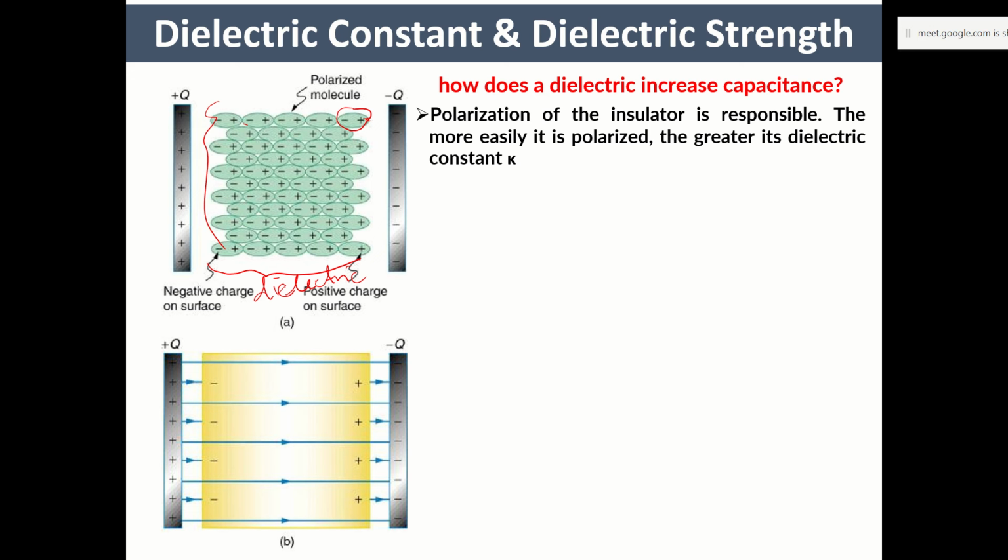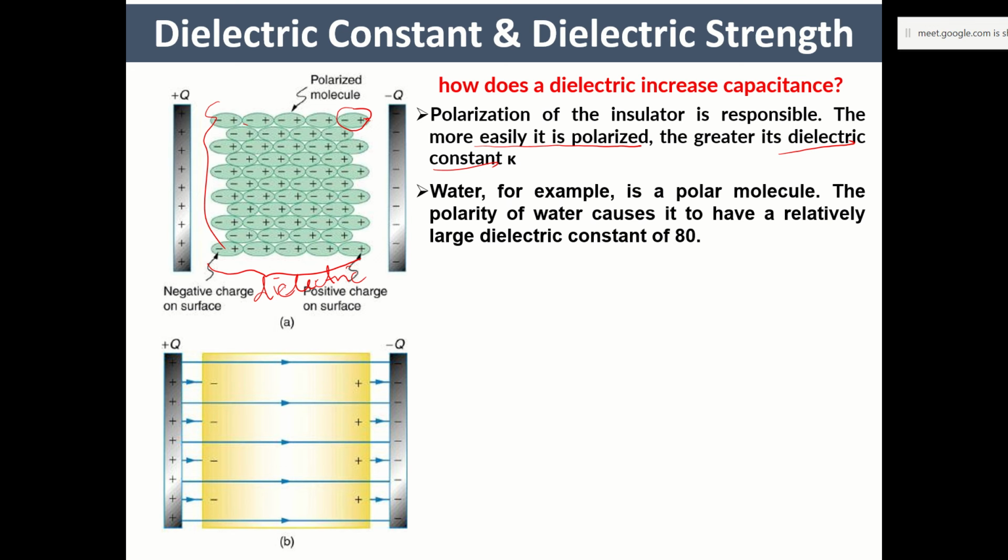So polarization of the insulator, how it polarizes, the mechanism of polarization, all these things matter. So if it can be easily polarized, it will have a very high dielectric constant. So the more easily the polarization occurs, the greater the dielectric constant.